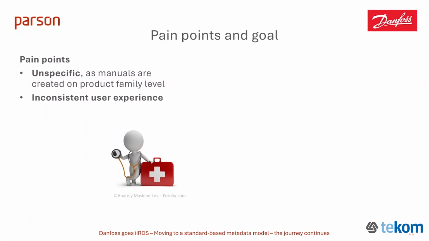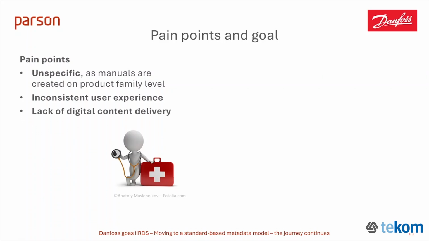They are not created specifically for the product, but for a product family, and then we are covering the whole portfolio in technical data tables. It's not a very pleasant experience for customers to find exactly the information that they need for the product that they have physically at hand.